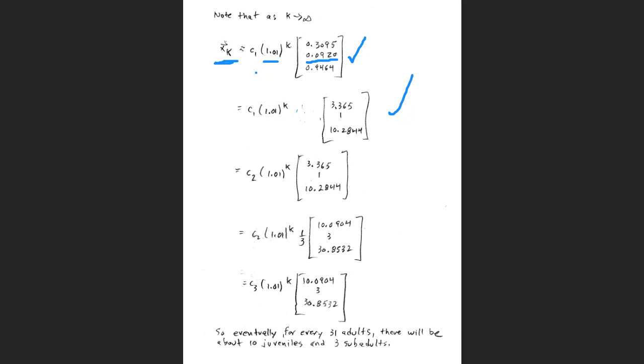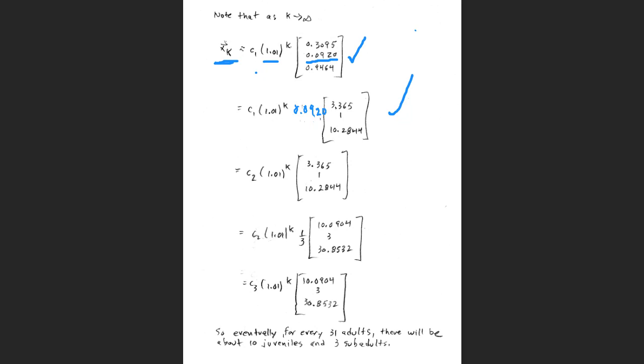Okay, so this should be 0.0920. That should be there. All right. So I had originally 1 over 0.0920.